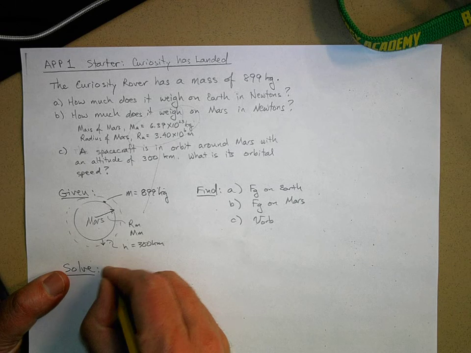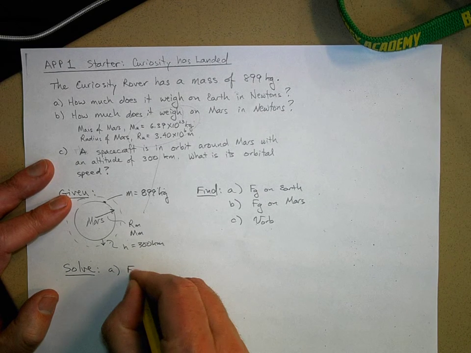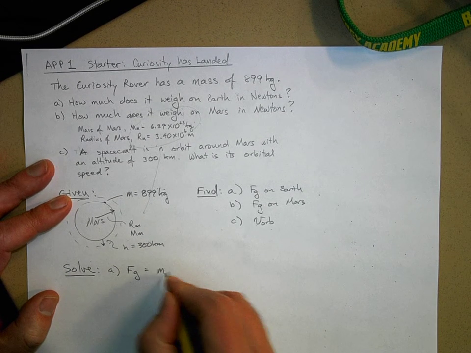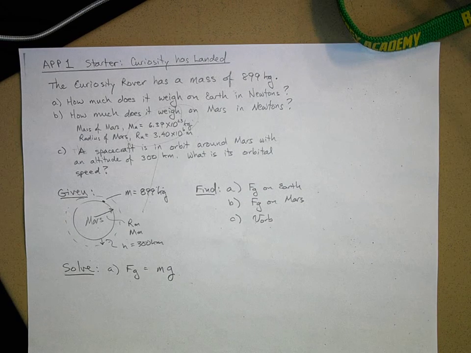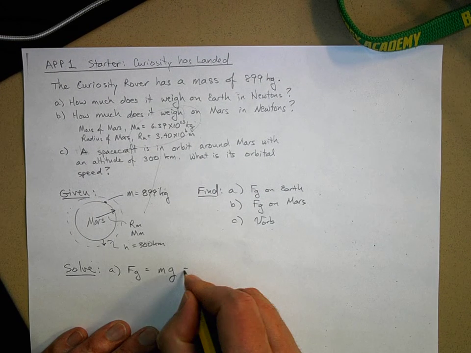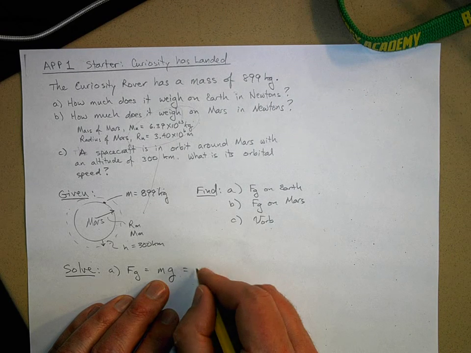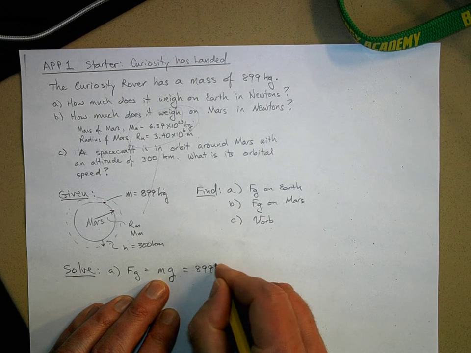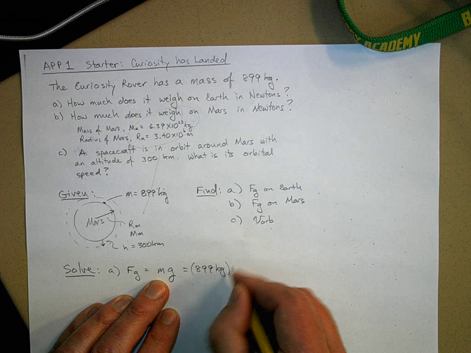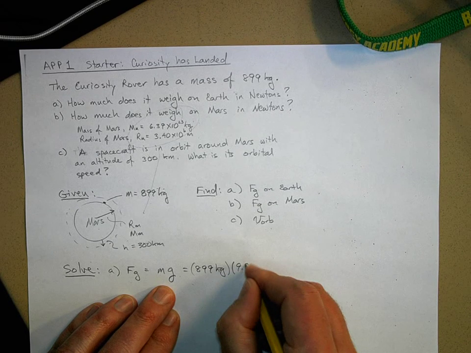Well, let's do A. The force of gravity is equal to the object's mass times the gravitational field on that planet. Well, the mass is 899 kilograms, and it's on Earth.